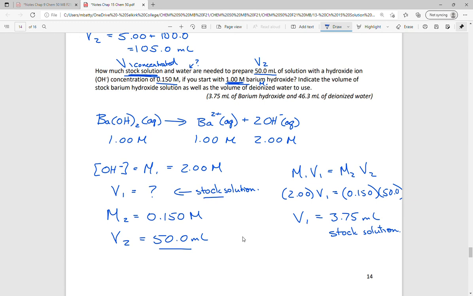To make my solution, my V2, this is water and my stock solution. So if I need to figure out how much water, I could take 50 minus the stock solution, and that gives me my 46.3 mils of water.